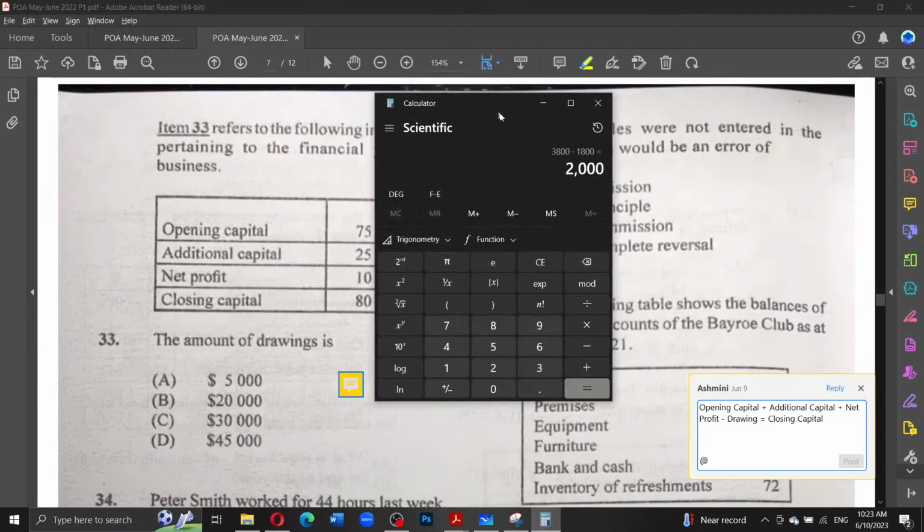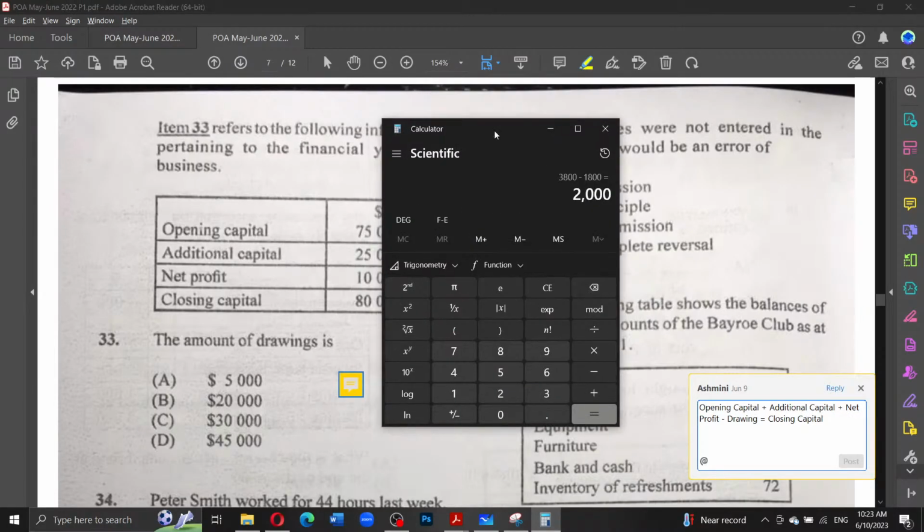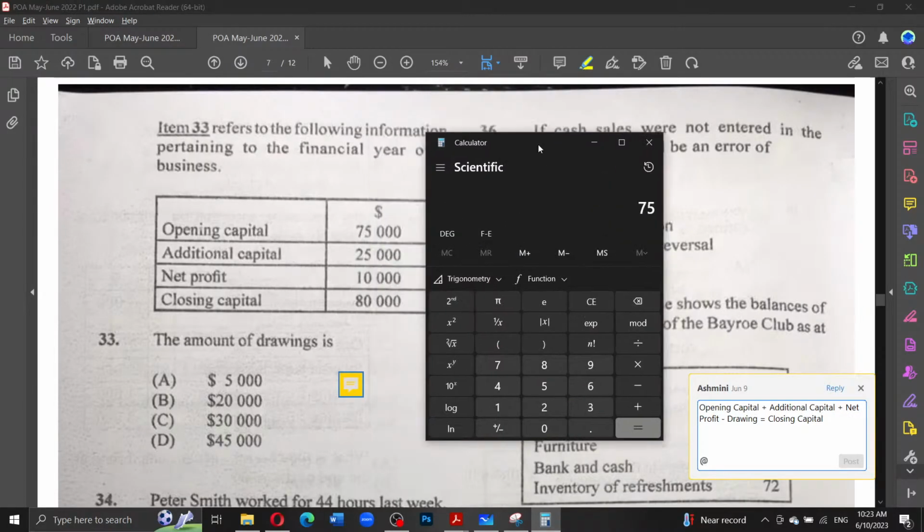So let's go. The opening capital is 75,000. Add additional capital of 25,000. That's 100,000. Add net profit of 10,000, so we have 110,000. And the closing capital is 80,000.